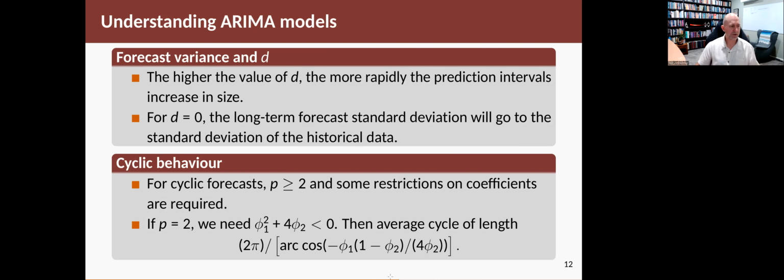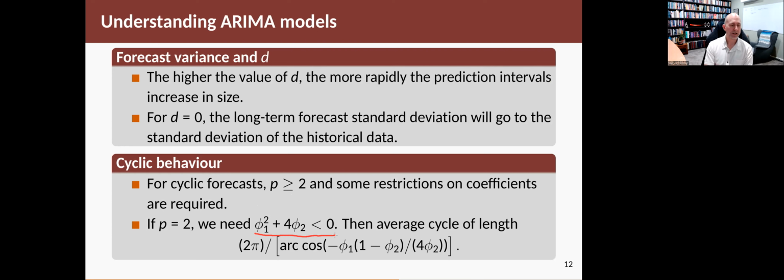For cyclic forecasts, you need p at least 2, and some other restrictions on the coefficients. You can't get cyclic behavior if p is 1 or 0. If p equals 2, then you need the additional constraint on the coefficients that phi1 squared plus 4 phi2 is less than 0.